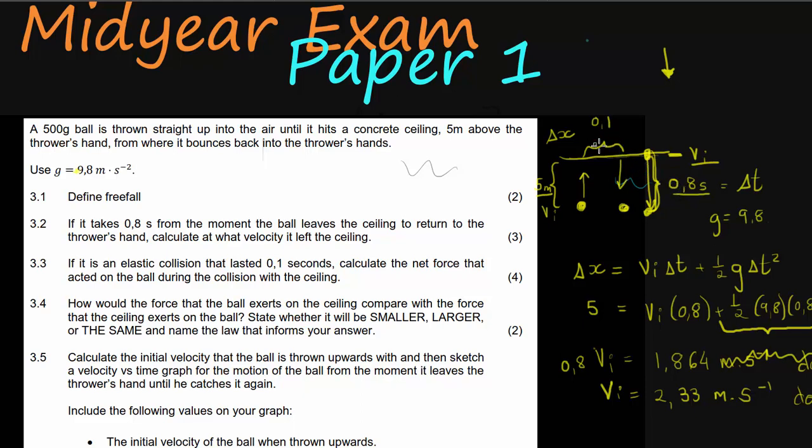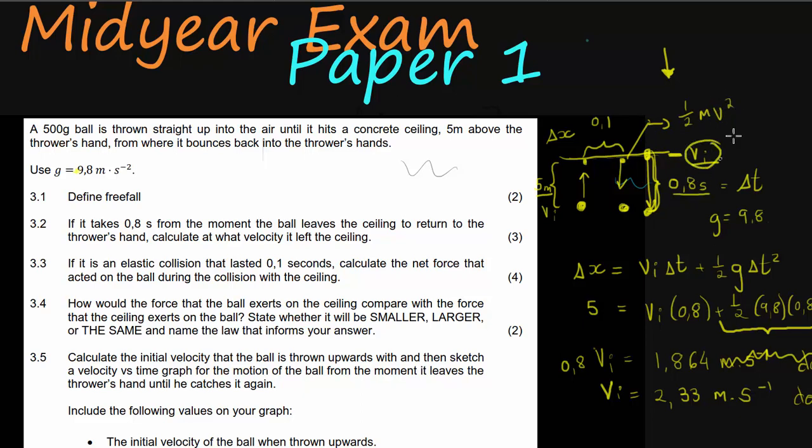So what does an elastic collision mean? That's important to understand. It means that the kinetic energy it hits the ceiling with and leaves the ceiling with is the same. What is its kinetic energy? Half mass times velocity squared.